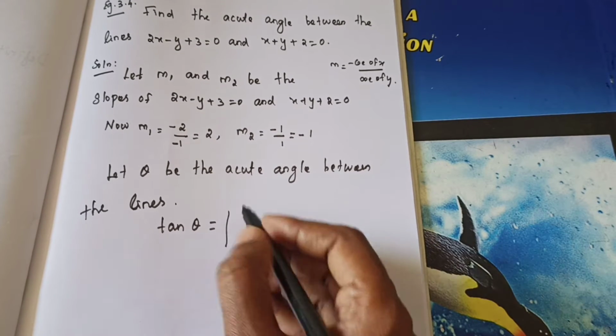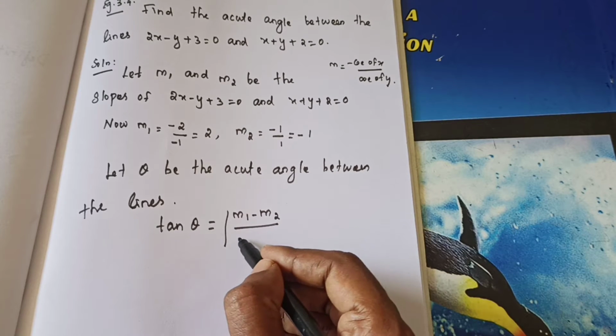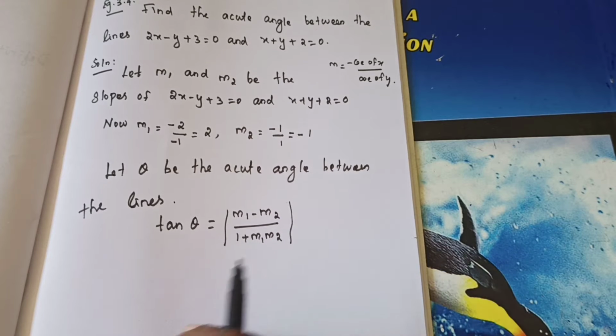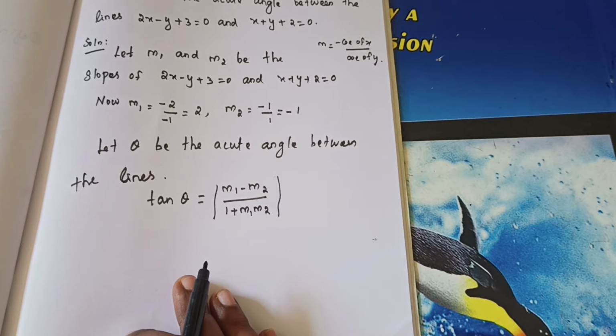Tan theta equal to modulus of (m1 minus m2) divided by (1 plus m1 into m2). Please learn this formula.